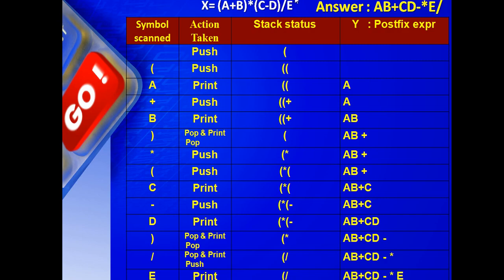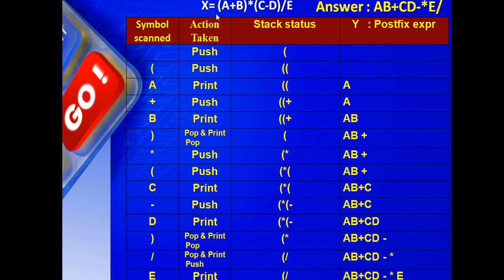You can see here E is not having a right parenthesis here, but I have added here, right? Getting the idea? So you have to add a right parenthesis here because you have pushed a left parenthesis. Is it clear? Okay. At that point, no output expression at the first step.